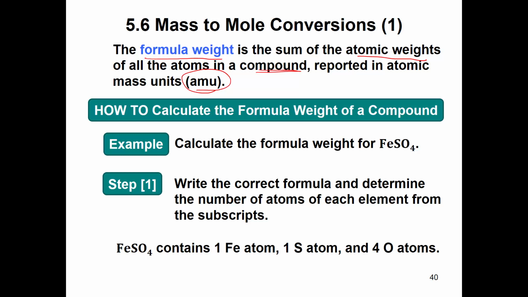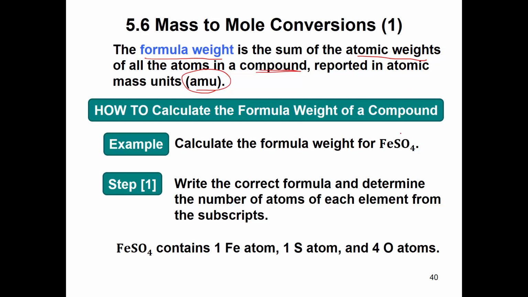The first thing we have to be able to do is calculate the formula weight of a compound. Now, if I look on the periodic table, oxygen's like 15.9999 AMUs. So that's the mass of one oxygen. If I have 4 oxygens, it's going to be 4 times that, right?